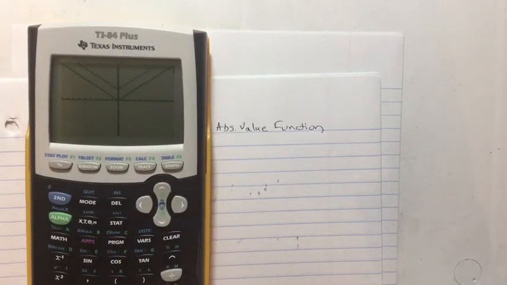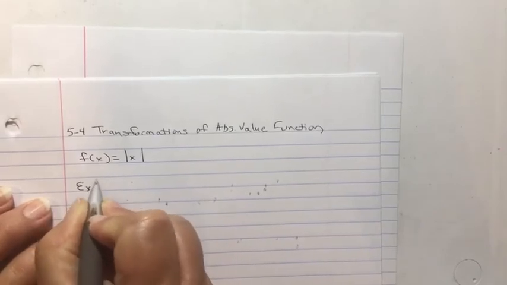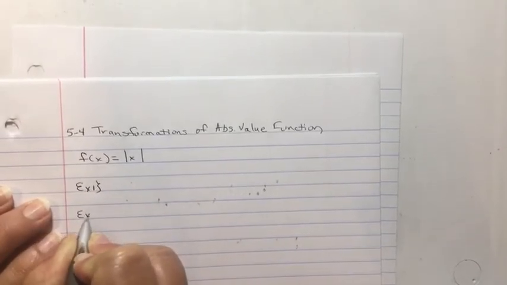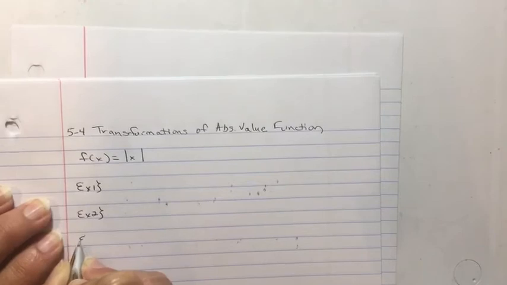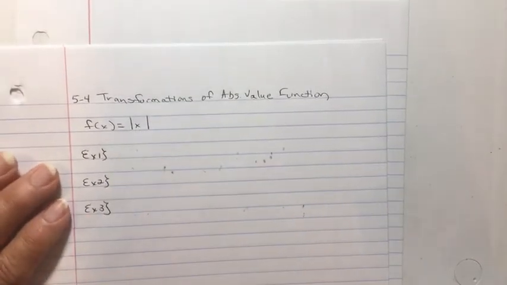And you can see that it moved up. I can also move it right or left, exactly like I have done with parabolas. Okay, so if this is the parent function, I'm going to jot down 3 different functions, and I just want you to tell me how it compares to the parent function.